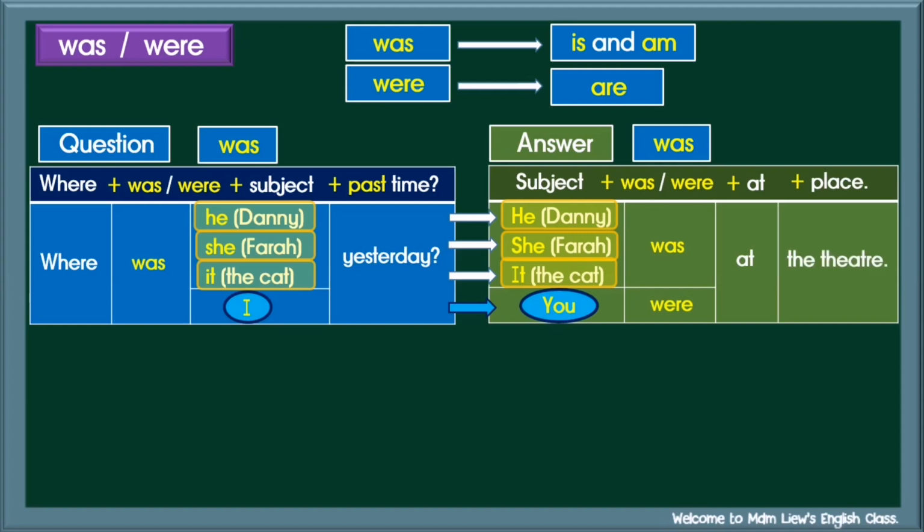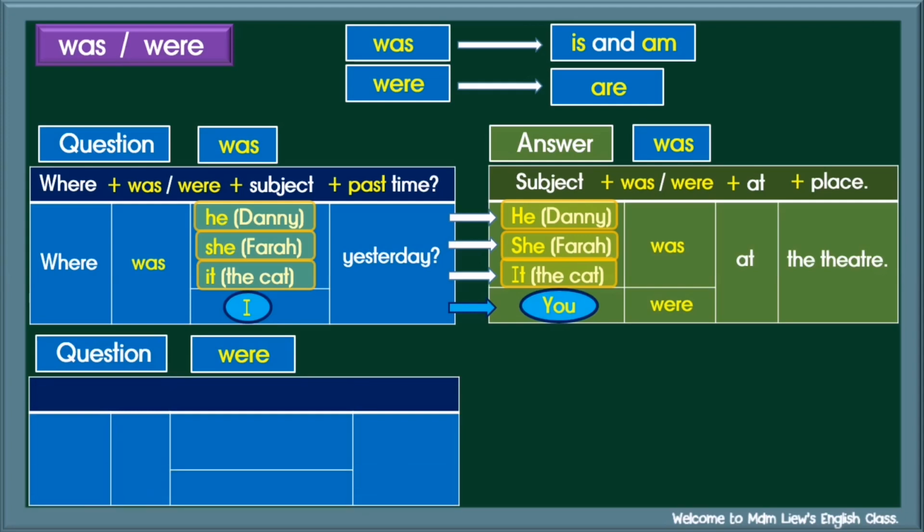Now, let's learn how to form questions with the be verb were. Let's look at the question structure. Begin your question with the question word where, followed by the be verb was or were. We are going to use were, followed by the subject.